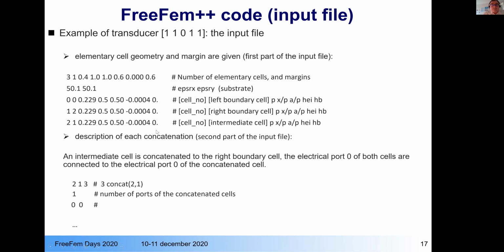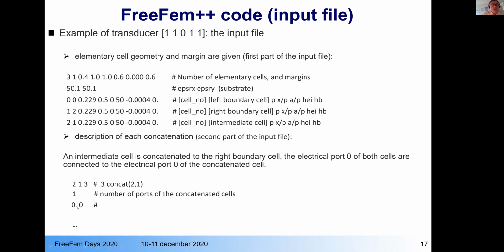And now you have to describe all the concatenations. For example, I wrote the first concatenation. So 2 is you concatenate 2 with 1, both cells. Excuse me. So you concatenate the left to the intermediate cells, and you get this description of the concatenation, the port.